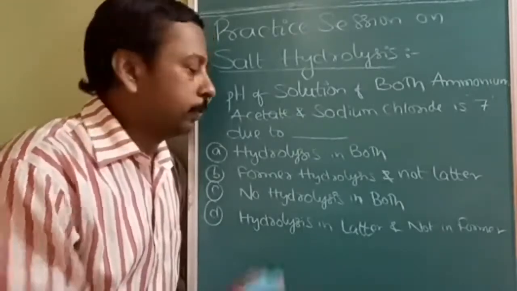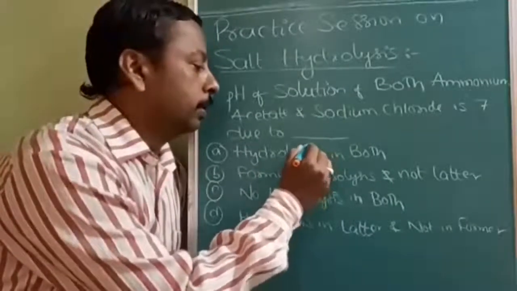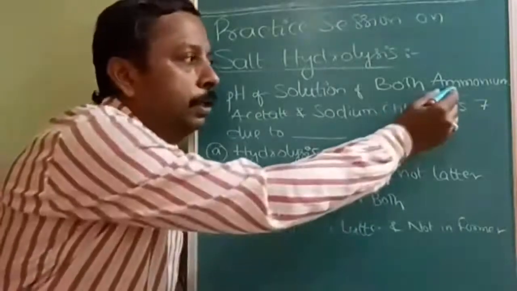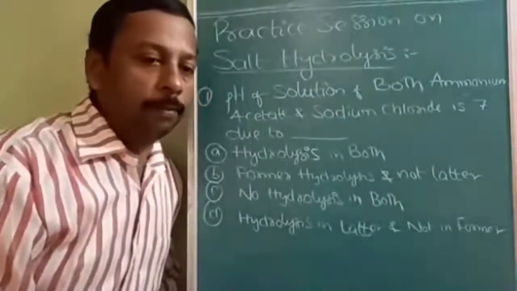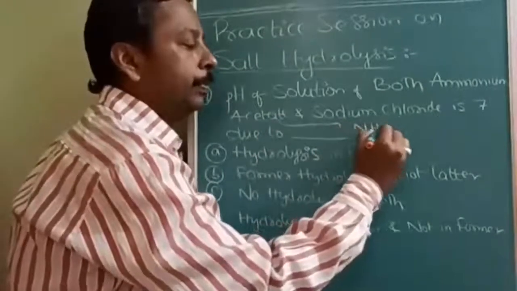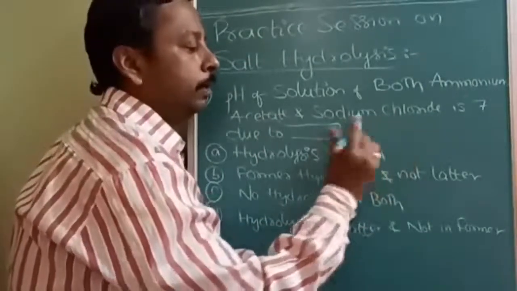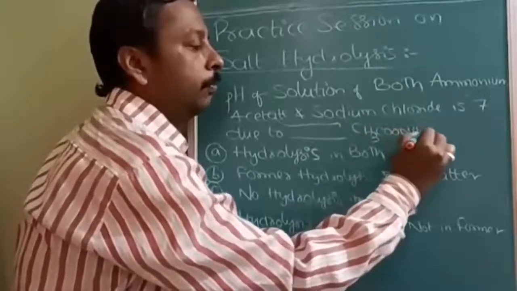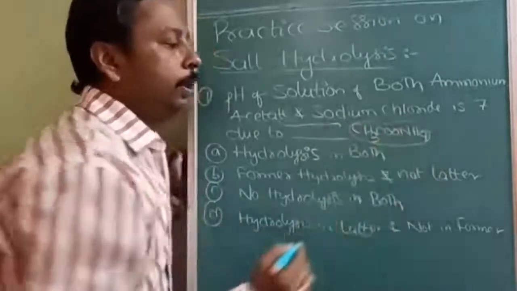First option is both undergo hydrolysis. Second, former undergoes, former means the first one, that is ammonium acetate. All of you must know the ammonium acetate formula. Ammonium acetate is CH3COONH4, written as CH3 C double bond O NH4. This is called ammonium acetate.